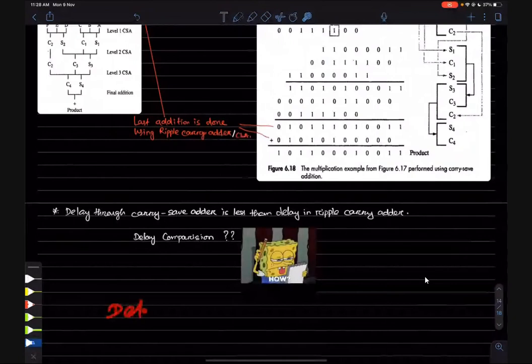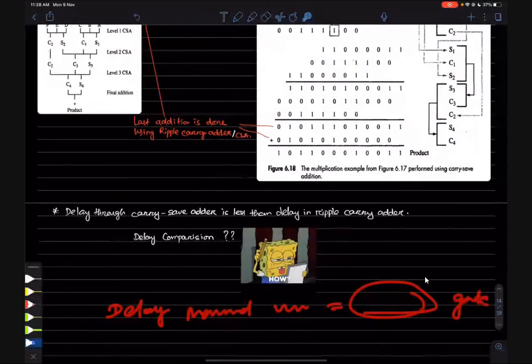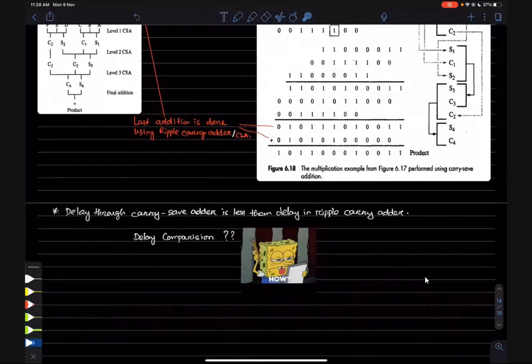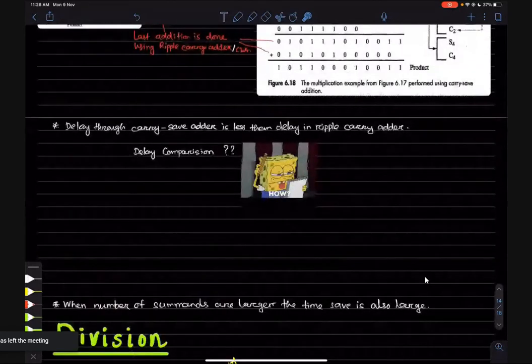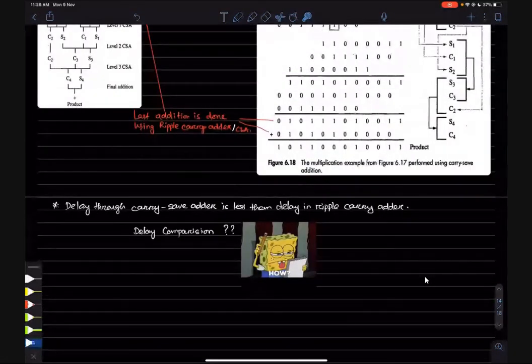So delay for normal multiplication is equal to this many gate delays, and the delay of carry save multiplication. Whoever can do this delay comparison and submit the result to my email ID will get another 5 marks for CT2.